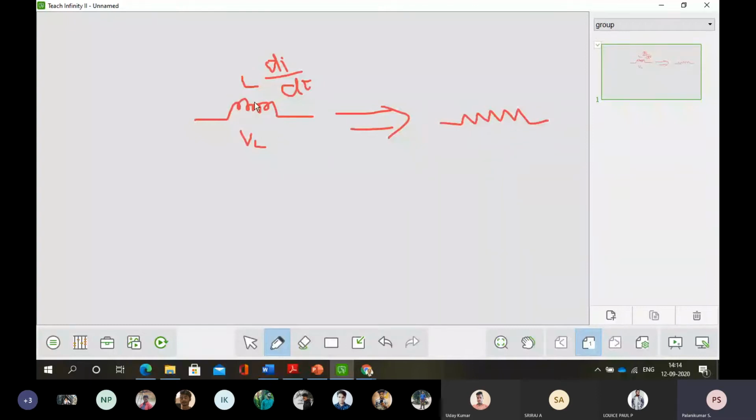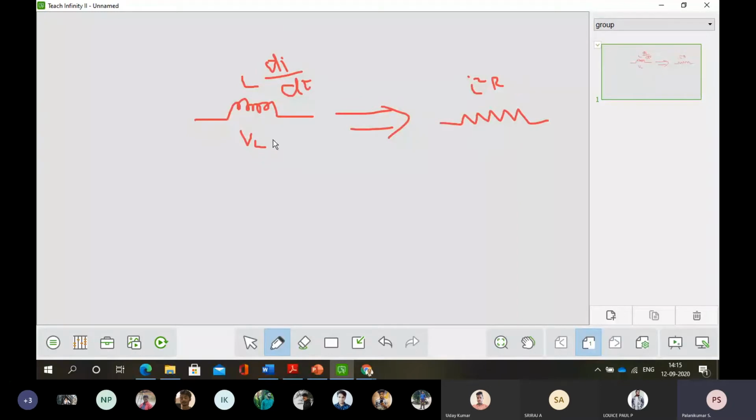Whenever we require, we can take the energy back. Whereas in the resistor, once the current flows, automatically I square R will be the losses. We cannot get it back; it is dissipated as heat. But here it is storing the energy.